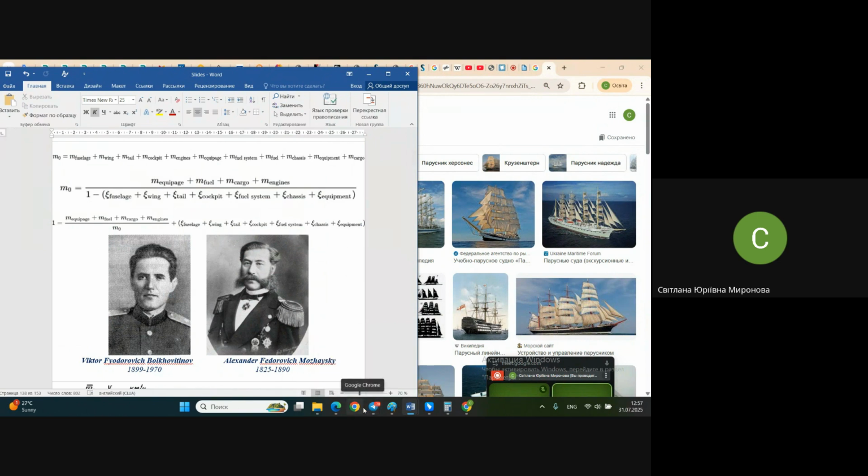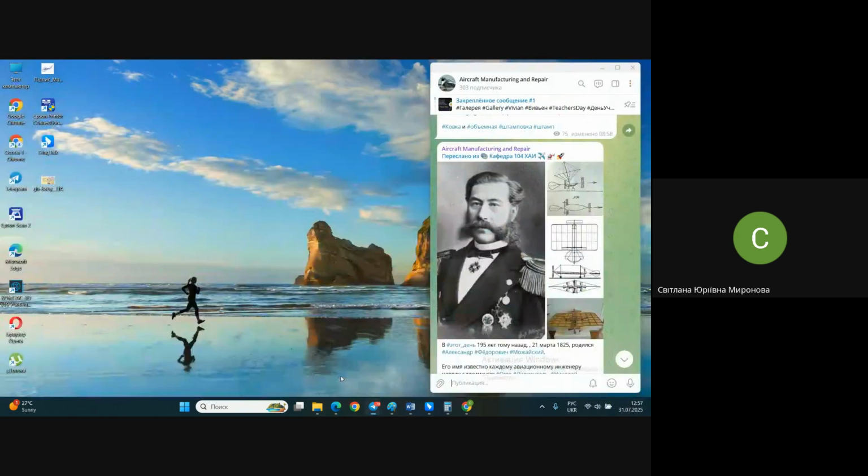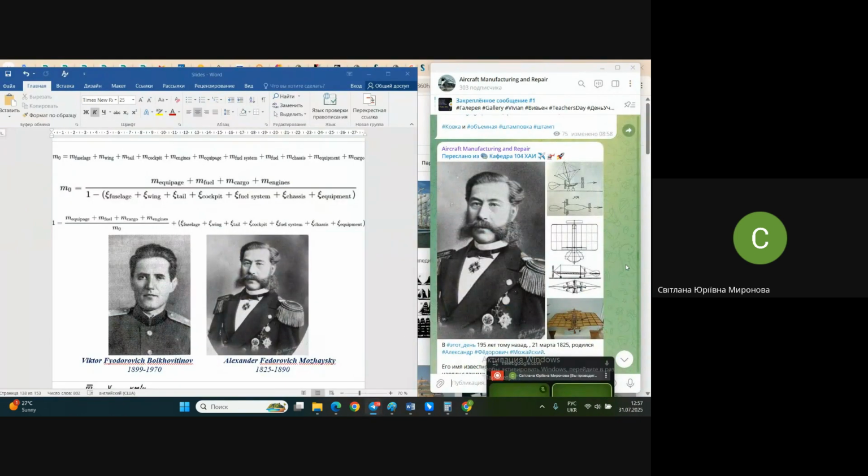He studied all known aerodynamical concepts of flight by that moment. He studied the experience of Otto Lilienthal, and he dreamed about a powered plant, about flight with an engine.